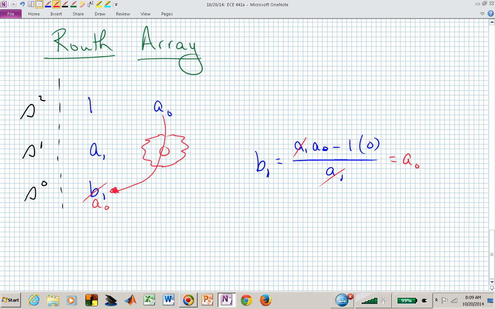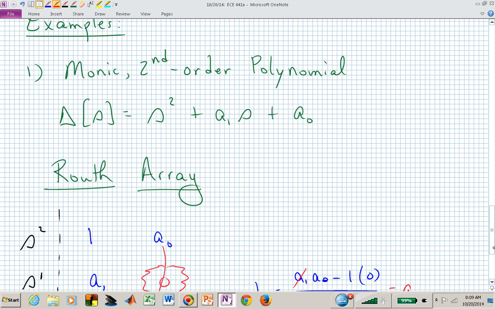We want to know, for this polynomial, s squared plus a1s plus a sub 0, when will that be a stable polynomial? When will all of the roots of that be in the left half s-plane, or when will all the roots have negative real parts?